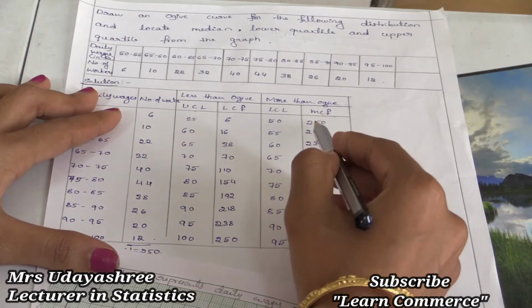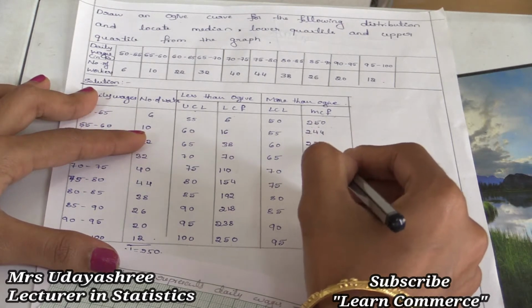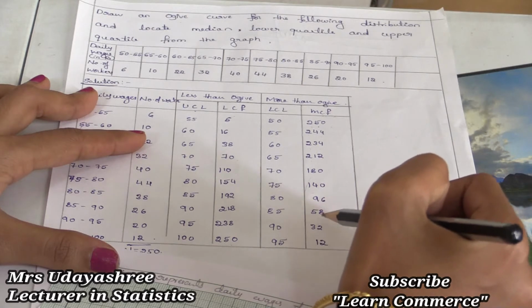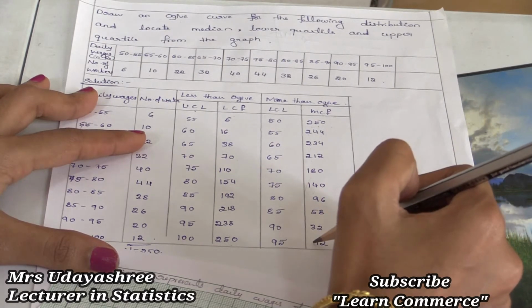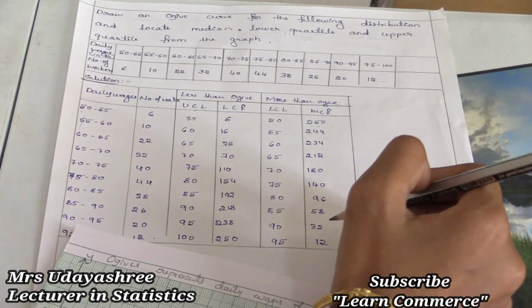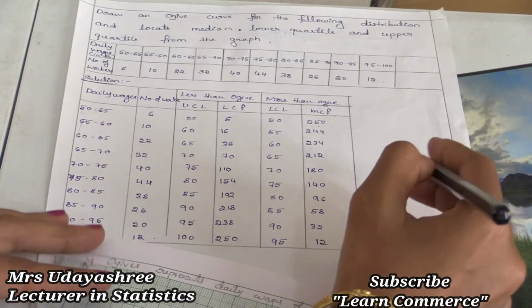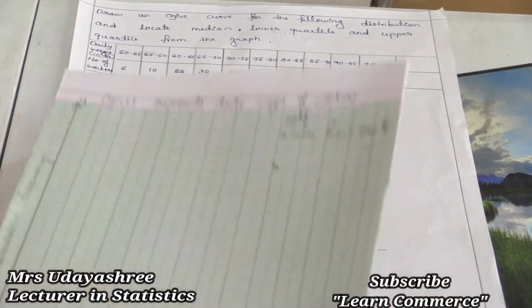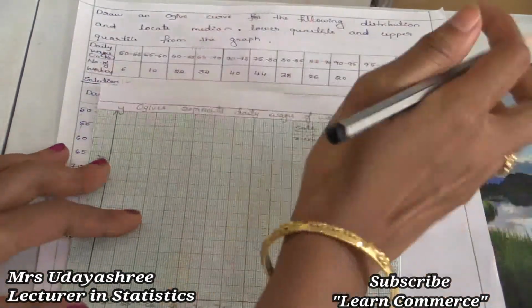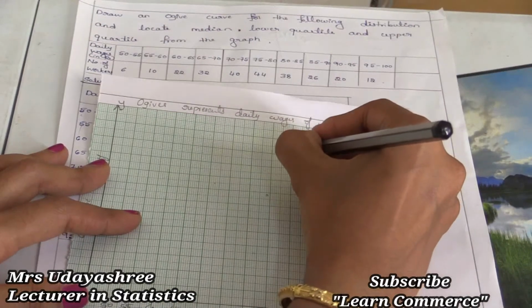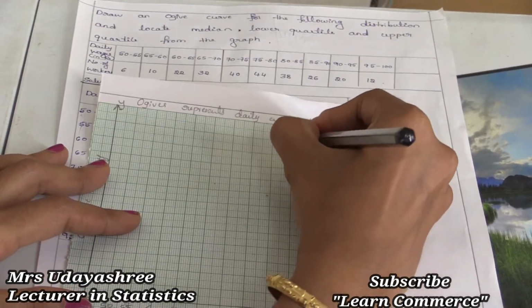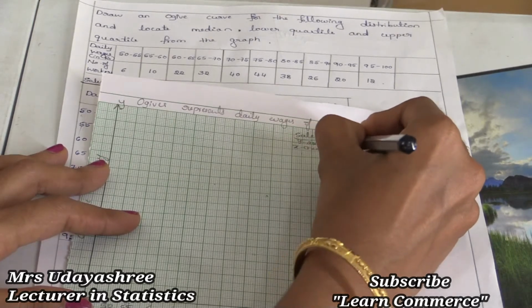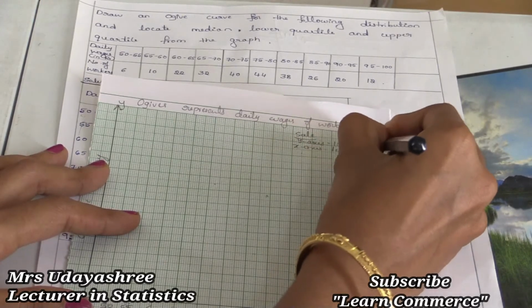So here the suitable scale for y axis is that 1 centimeter is equal to 25 units. So here y axis is 1 centimeter is equal to 25 units.